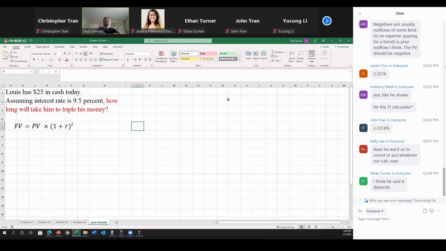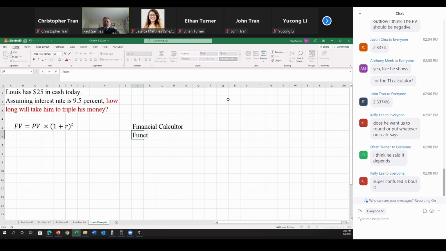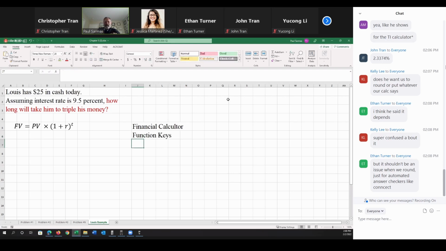I'm going to show you the financial calculator function keys. TI, as always, you clear it.